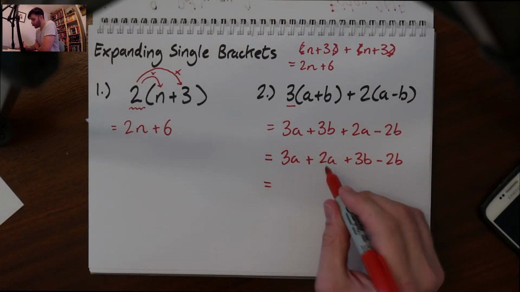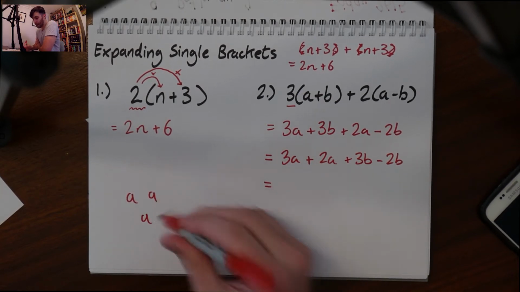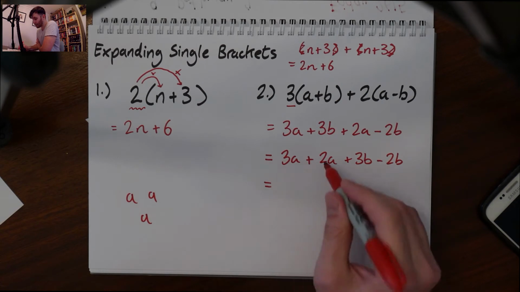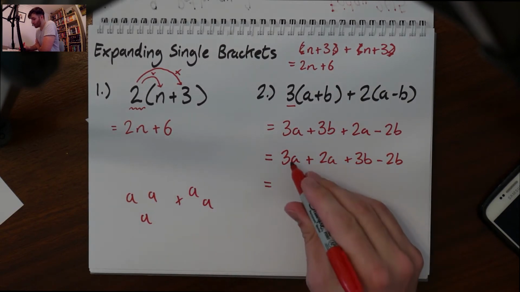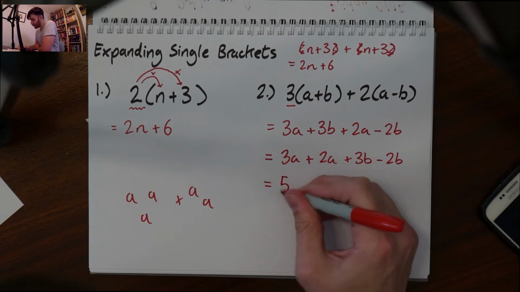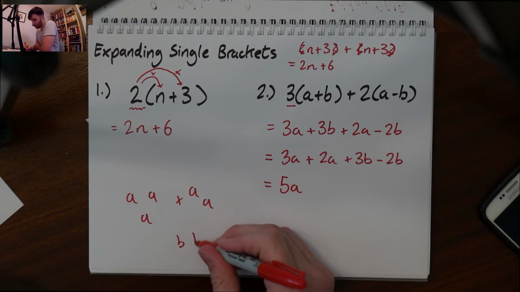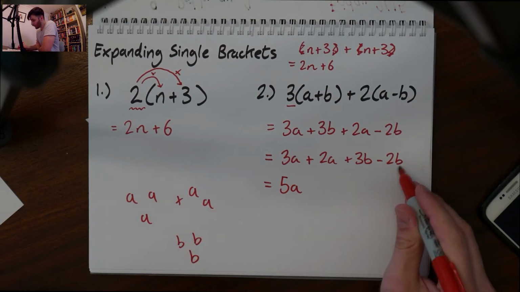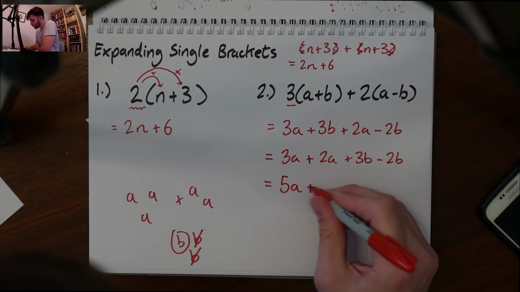So 3a plus 2a, that just means, well, I've got a plus a plus a, and I've got 2 a's, a and a. So 3 lots of a add 2 lots of a has to be 5a. And 3 lots of b, 1, 2, 3, take away 2 b's is just going to leave me with 1 b.